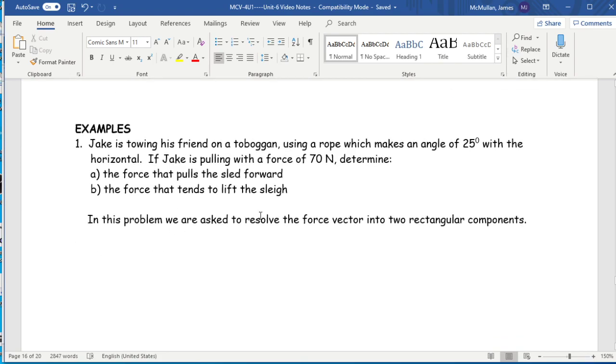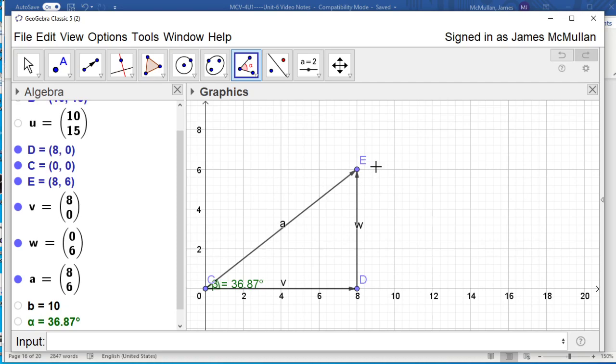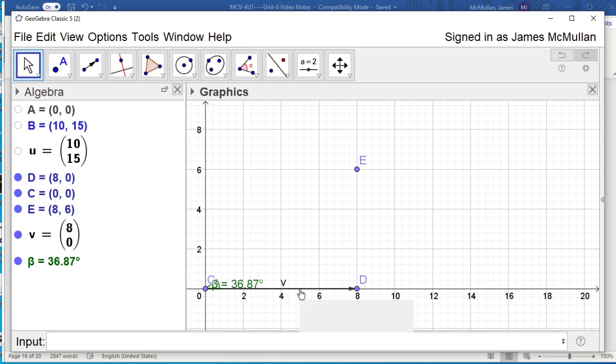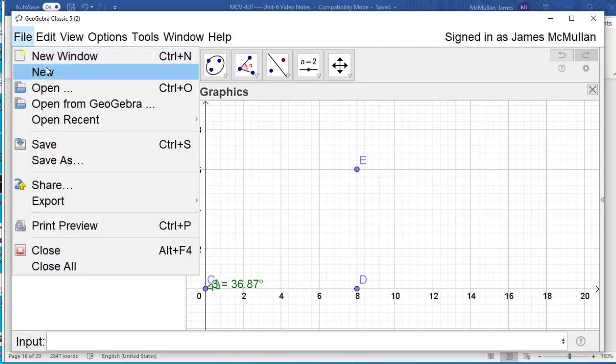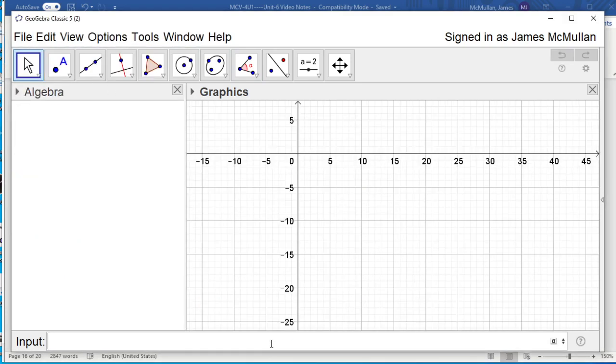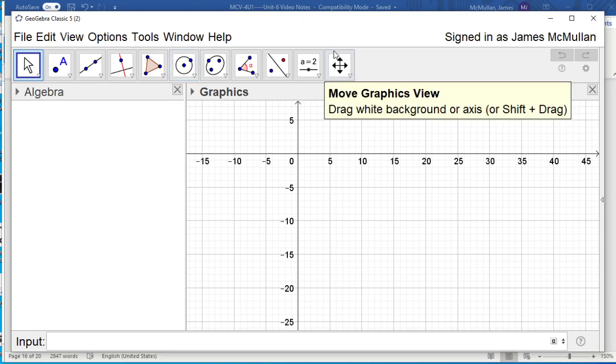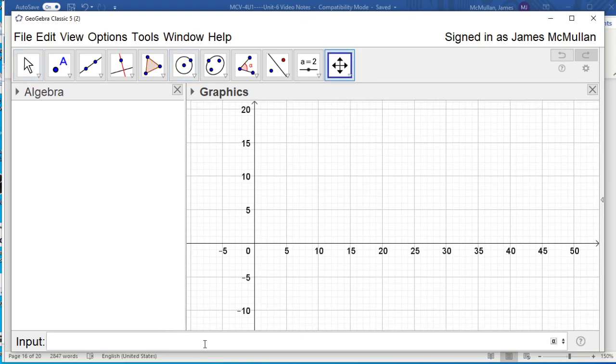What I would suggest, let's draw this one quickly. So we want a vector that's 70 and we want it at an angle of 25 degrees. Okay, so I'm going to do a first vector which is 70 times cos 25, and it has 0.